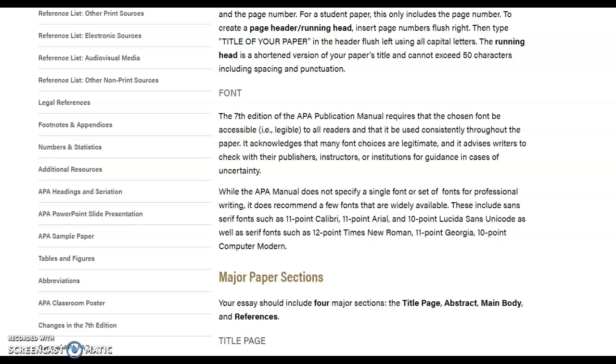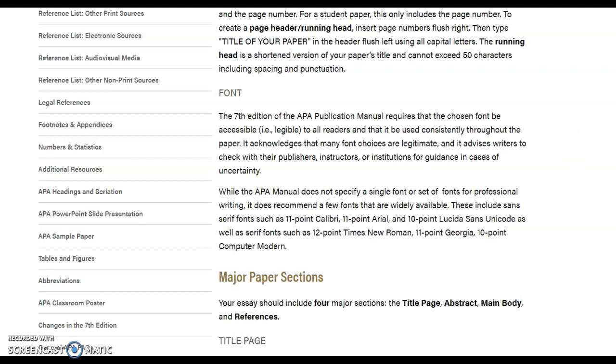I'm still going to recommend, however, that everyone use either Calibri, which would be 11-point, or 12-point Times New Roman. If you happen to use any of the other fonts, I'm going to make it known that I will not deduct points. I'm going to go by the guidelines regarding what's recommended in terms of the various font styles while writing in APA.